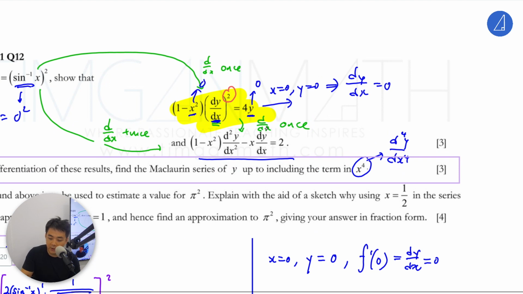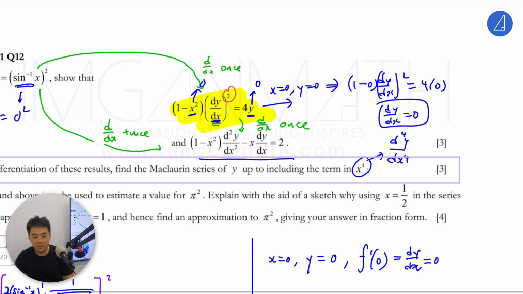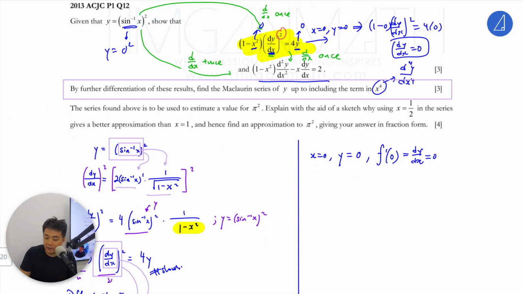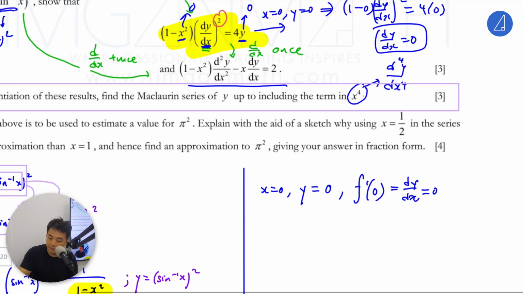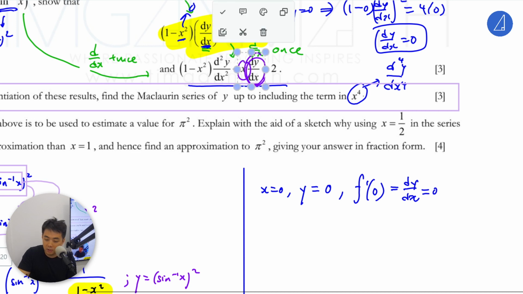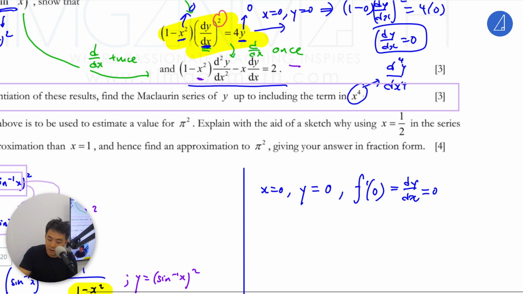So this whole expression will be reduced to 1 minus 0 dy dx square equals 4 times 0. So essentially dy dx is just 0. Okay. Then similarly for the second one, you can use this one here. dy dx is 0. X is 0. So this one, you can see d square y dx square is equals to 2.